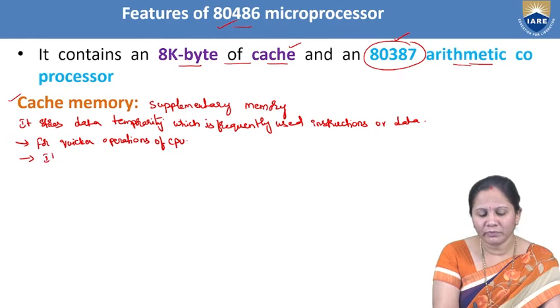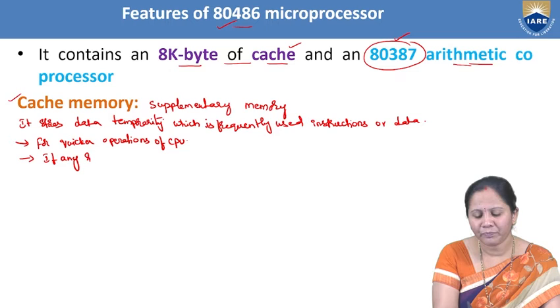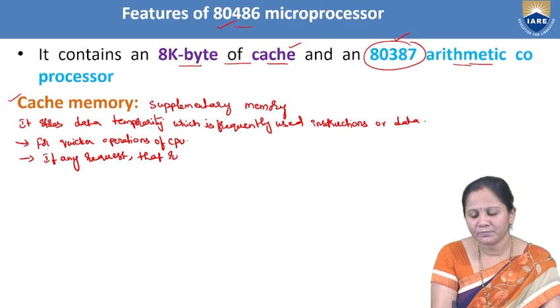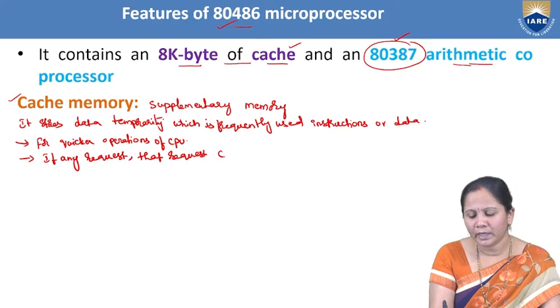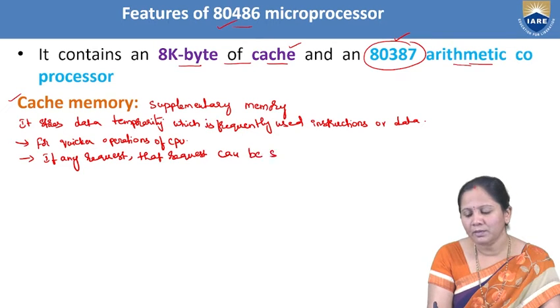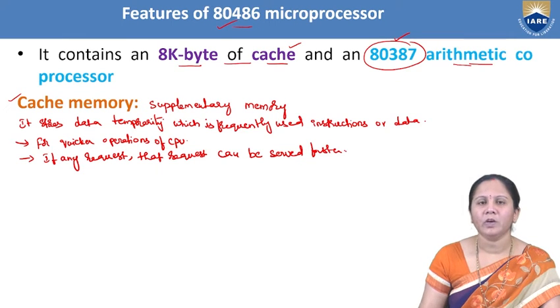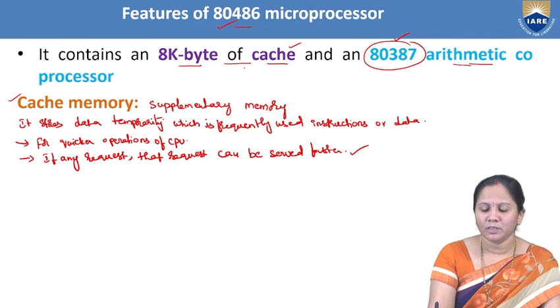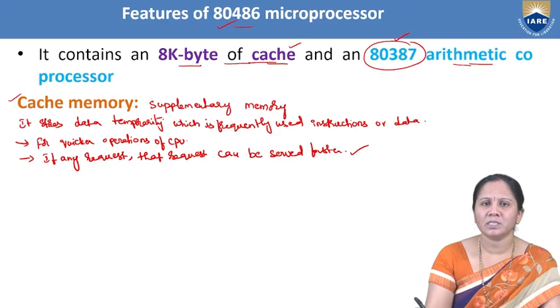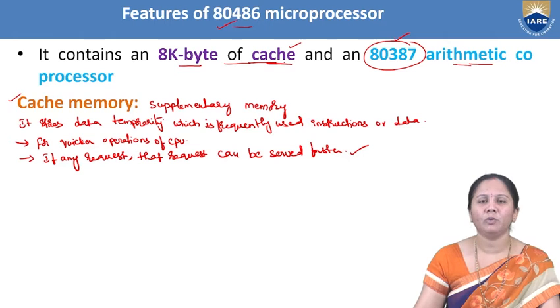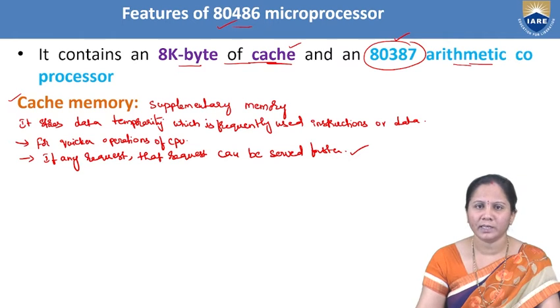So any request can be served faster. If cache memory is involved, this is the main advantage. That is why the 80486 is advanced compared to the 80386, because it consists of 8 kilobytes of cache memory in the architecture.